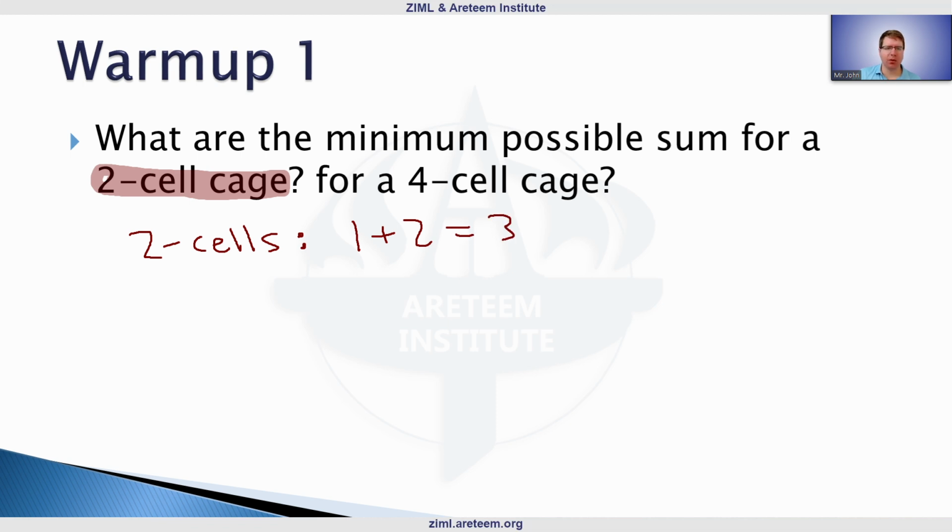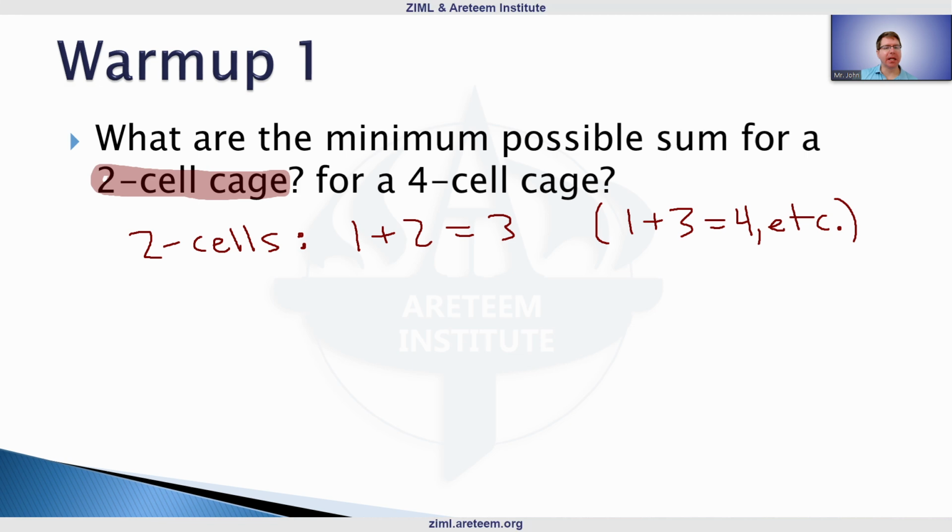Now, if you wanted to go further, you could have something like 1 plus 3 is 4, etc. You could get higher values there, but just thinking about the minimum possible sum for that 2-cell cage, you could have 1 plus 2 is 3 as that smallest value. You can never get a sum of 2 or 1 there, because you can't repeat the digits here.